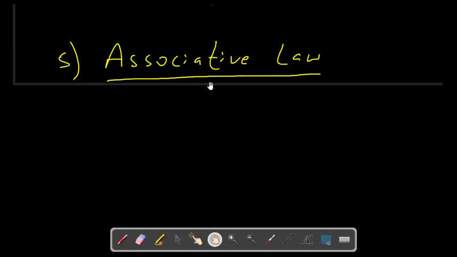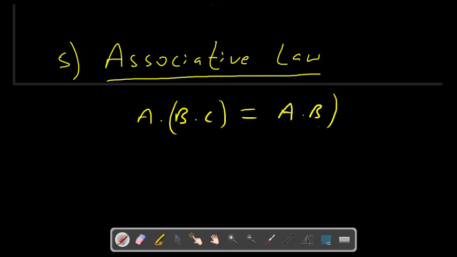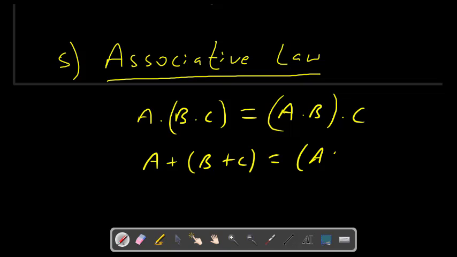Then we have the associative law, that we have A and B and C, with B and C in the bracket, is equal to A and B, bracket, and C. Same way, A or (B or C) is equivalent to (A or B) or C.